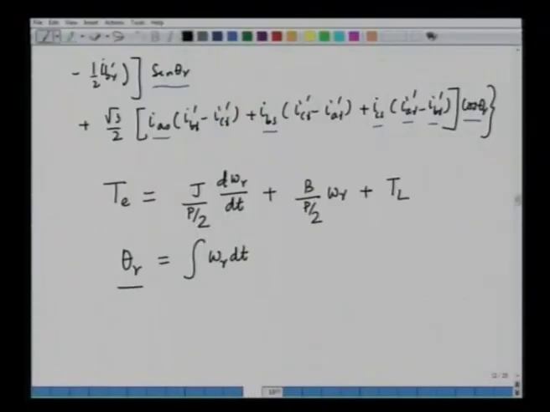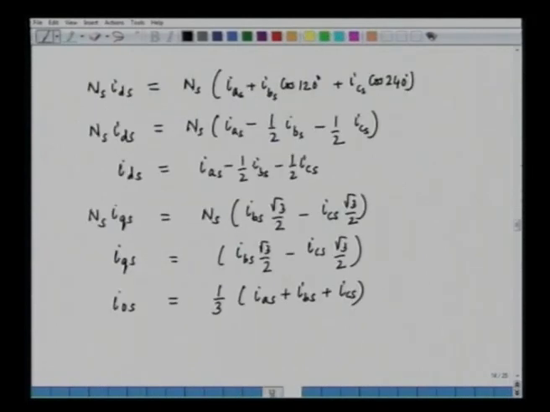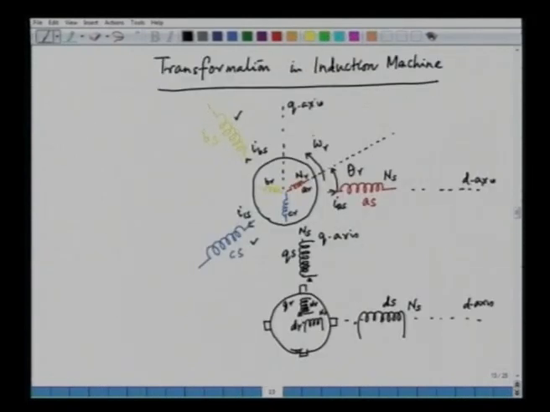Now, if you see a DQ machine, in this case we have transformed the original ABC machine into DQ machine, and when we find out the inductance of the D matrix or the D axis inductance, the D axis inductance is independent of the Q axis inductance. The D and Q axis are orthogonal to each other, and they are perfectly decoupled, and hence the off diagonal elements are becoming 0. And then in addition to the DQ inductance, we also have the zero sequence inductance.